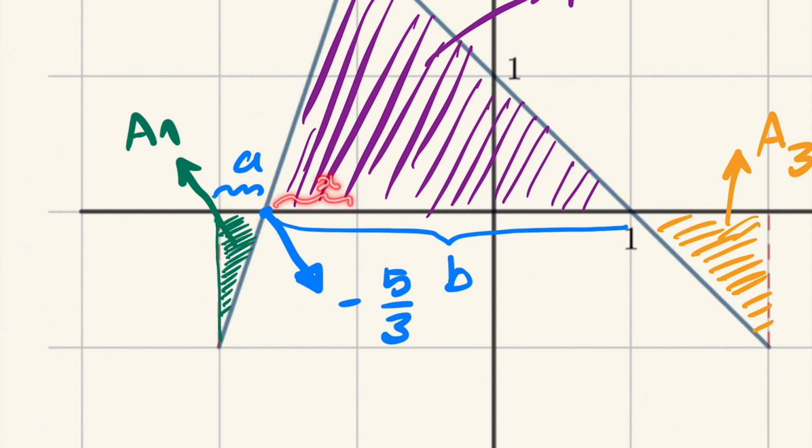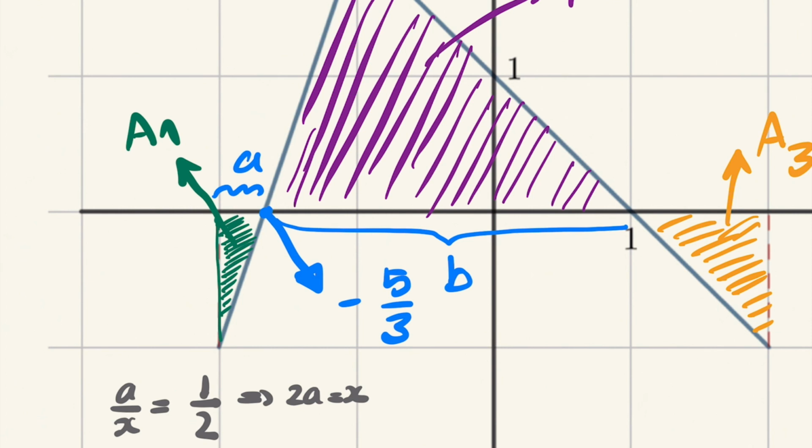This is something that I want to find. So I would say that a over x is equal to this side, which is 1, divided by this, which is 2. And then I realize that 2a is equal to x.